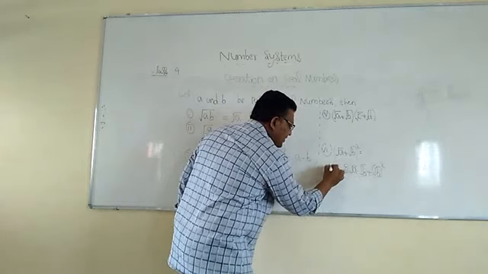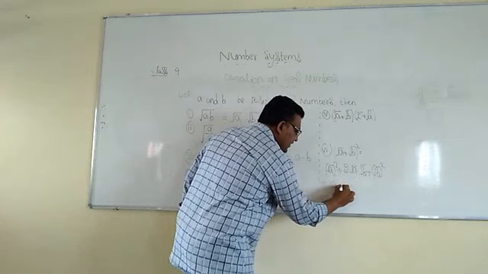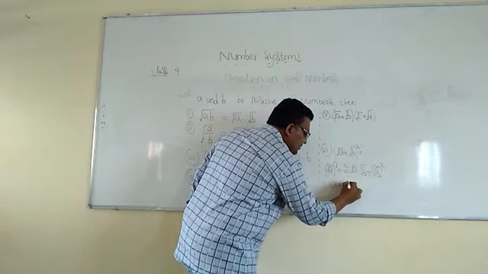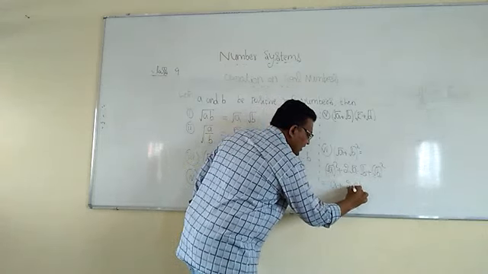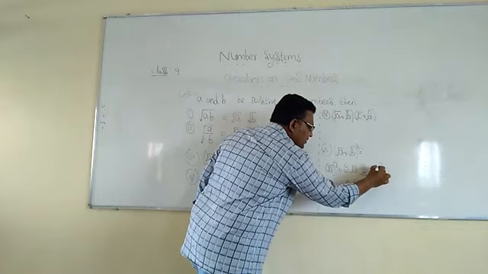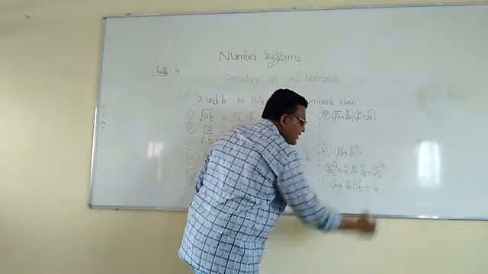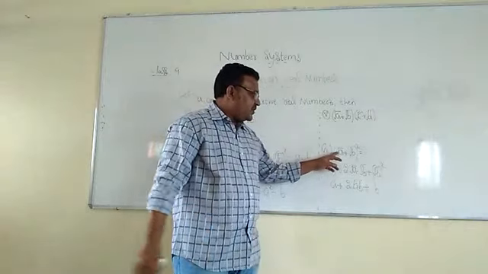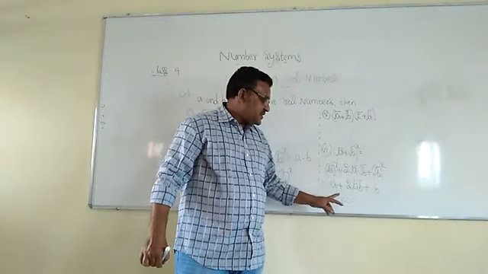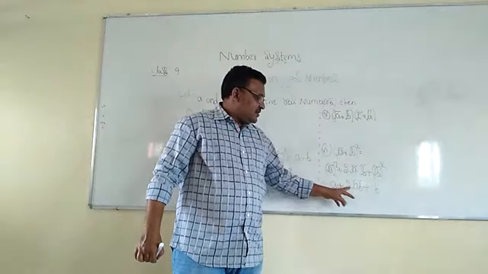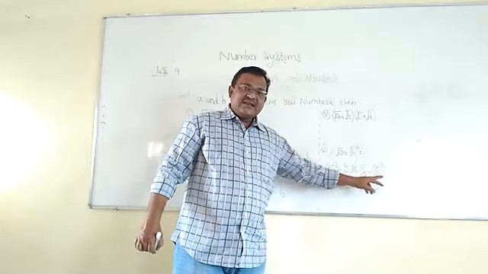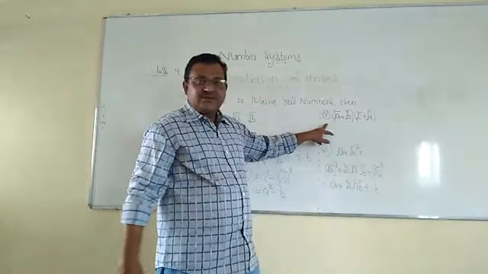We simplify, square and root will get cancelled. So 2 into root a into root b means 2 root ab, plus here square root of b whole square means square and root will get cancelled, remains b. So square root of a plus square root of b whole square is equal to a plus 2 root ab plus b.